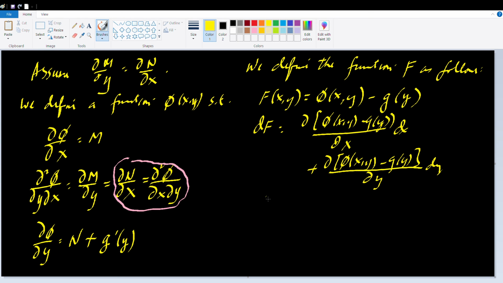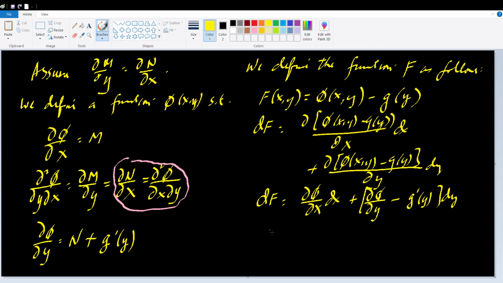We'll be getting here the partial of phi with respect to x, dx. The partial derivative of g(y) with respect to x will be 0. Plus, we now go to the partial of F with respect to y. That will give us the partial of phi with respect to y minus the derivative of a pure function g(y), which gives g prime of y, everything dy.